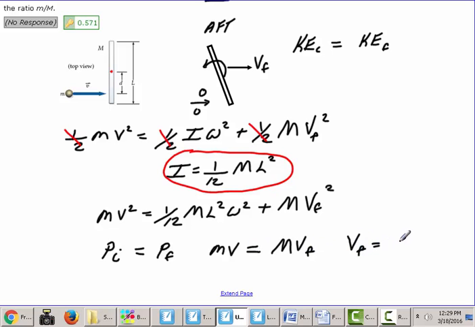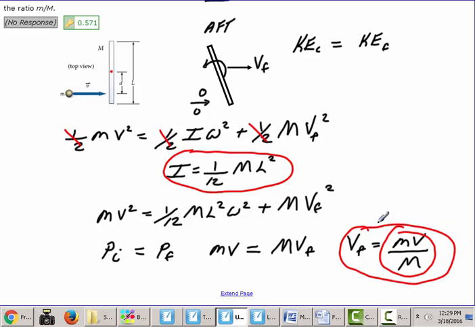VF is going to equal little m times V over big M. Alright, so we're going to hang on to that one right there, because I can probably substitute that back into this equation for VF. So let's keep on going.